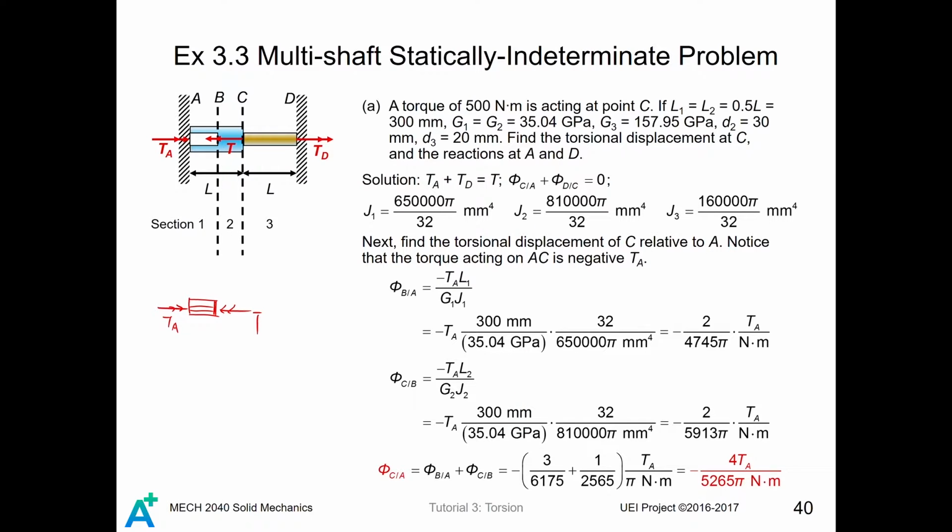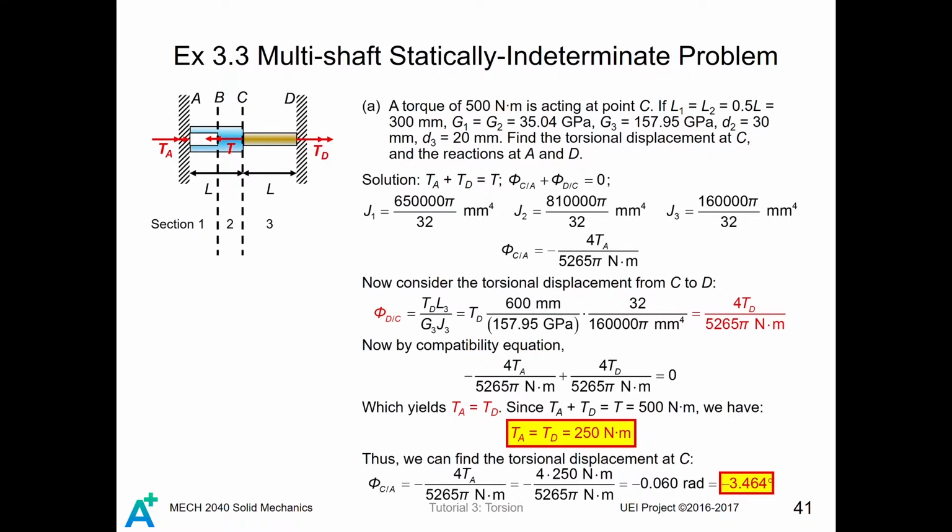Substituting all those values, we have this complicated result. Finally, we sum both of them up to get the torsional displacement at C relative to A, which equals minus 4TA divided by 5265 pi, in Newton meters.